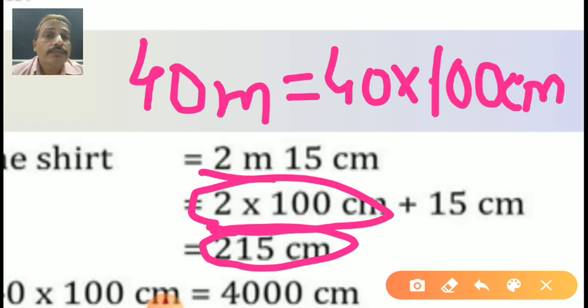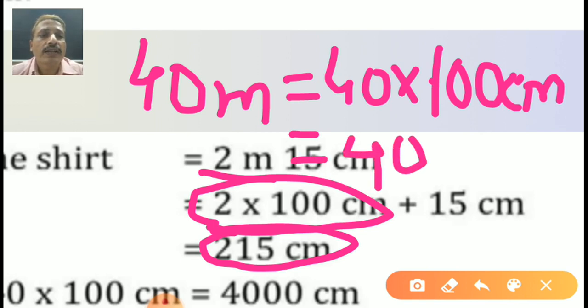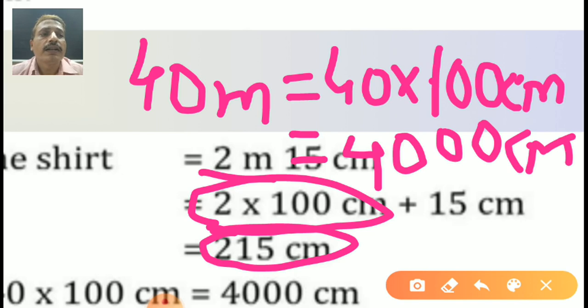There is a 4 and 1. 4 ones are 4. How many zeros are there? 3. 1, 2, 3. Yes, my dear student, that is 4000 centimeter. It is written here. Good. I showed it in a very clear way.